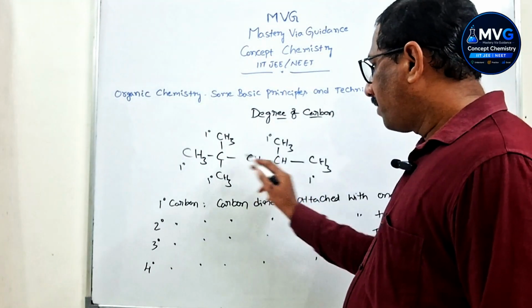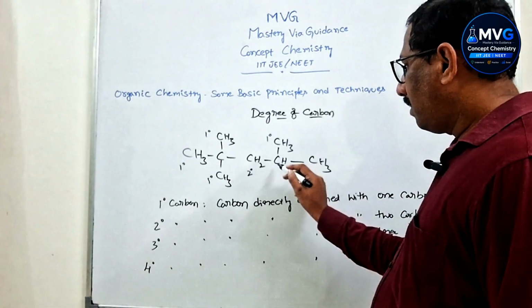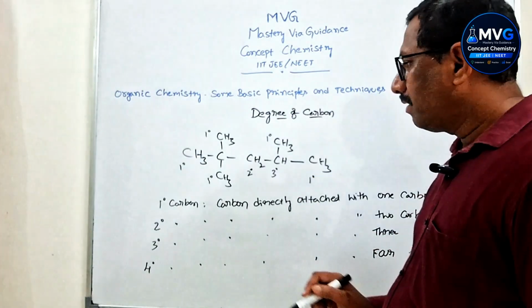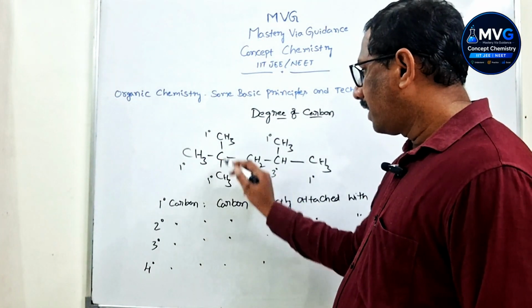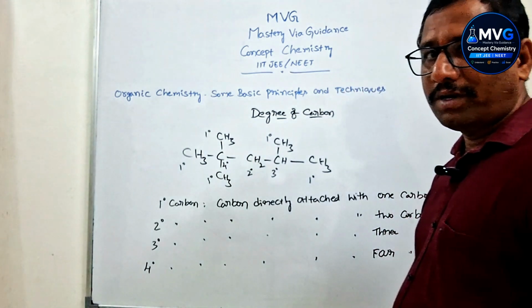Here carbon further connected with two carbons is secondary carbon. Carbon further connected with three carbons is tertiary carbon. Carbon further connected with four carbons is quaternary carbon or 4-degree carbon.